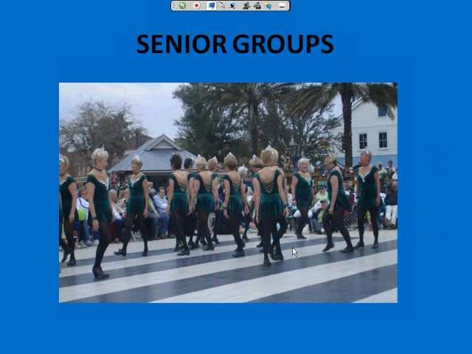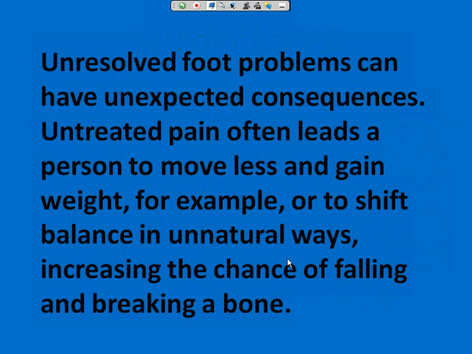With a lot of senior groups, or if you go to nursing homes or offer a free analysis for retirement facilities, I did a number of retirement facilities, and I went in, those participating, I did each one an evaluation. Let me mention that unresolved foot problems can have unexpected consequences.